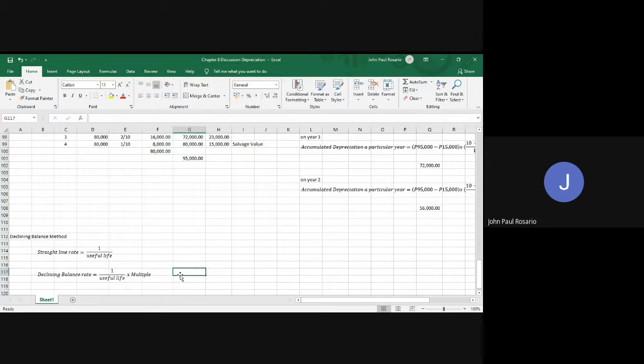The thing about declining balance is that your depreciation will be based on the declining book value of your asset. That's why it's called a declining balance method.